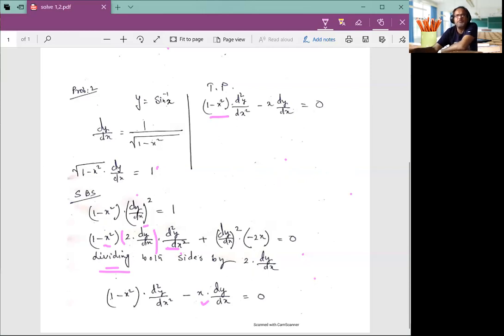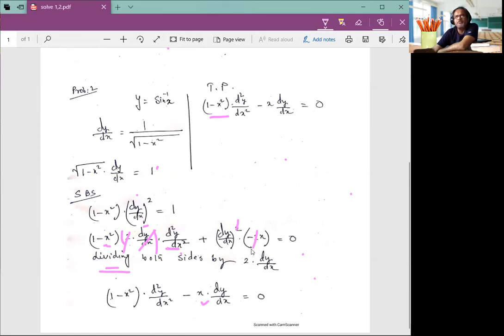Now look, if you divide this by 2 into dy dx, in the first part this will go. So you are left with 1 minus x square into d2y by dx2. Now this plus and minus will make it minus. Dividing this part by 2 dy dx, this 2 will go and one dy dx will go.